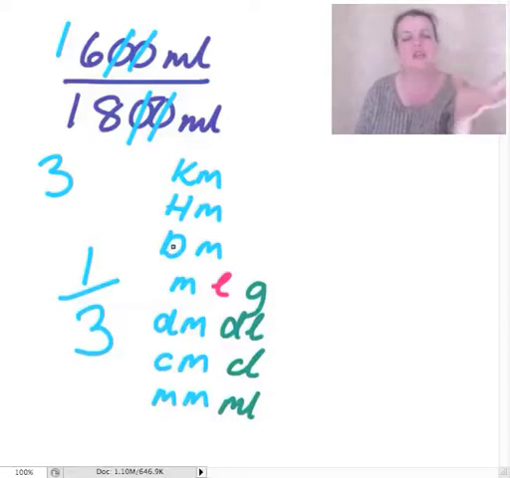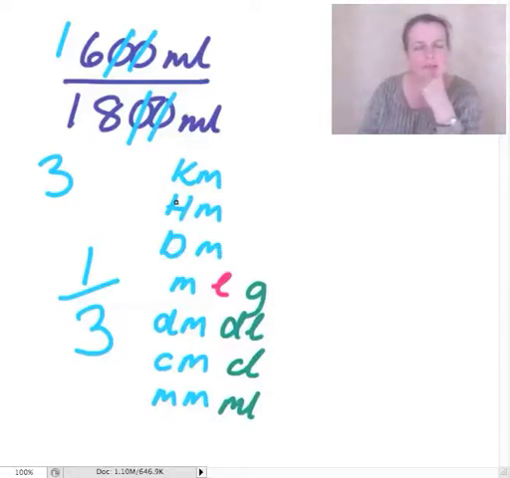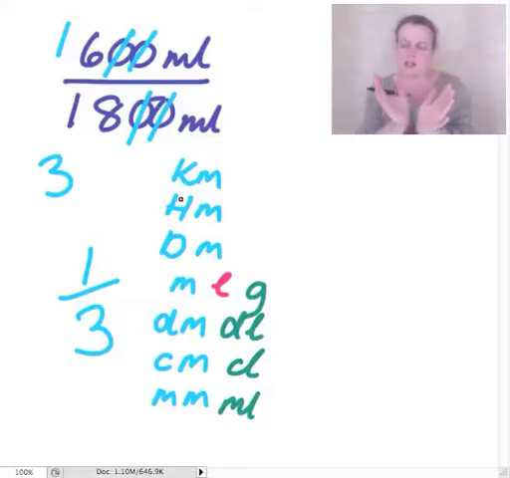So a decade has got 10 years in it. A hectare is a unit of land 100 metres by 100 metres. A kilometre is 1,000 metres, 10 hectometres, and 100 decametres. All you really have to do is learn it.